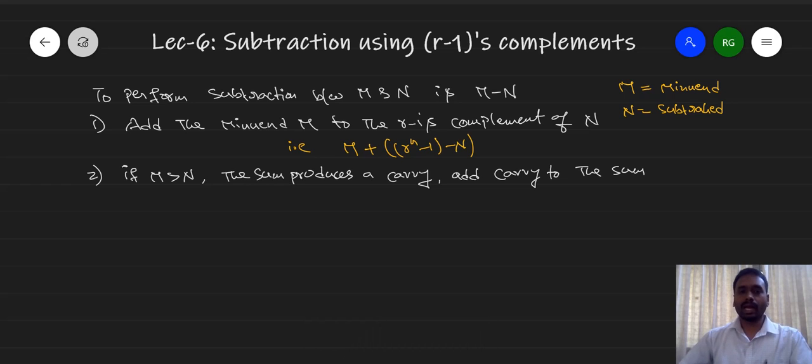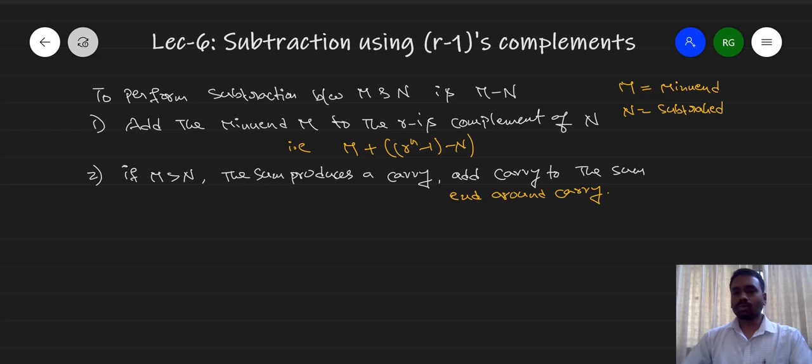This is called end around carry. So if there is a carry, that carry is to be added to the sum. Adding the carry to the sum is called end around carry. So if m is greater than n, there is a carry, do end around carry, that means add the carry to the sum.